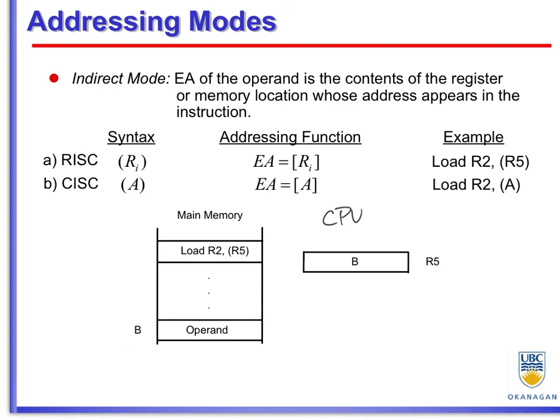So this load instruction is going to go to this address B that's stored in R5, get the number that's stored there, and put it into register R2. So somewhere here in the CPU is also R2, and our operand gets put into there. Okay, now in the next instruction, we're going to combine that number with some other number, presumably.